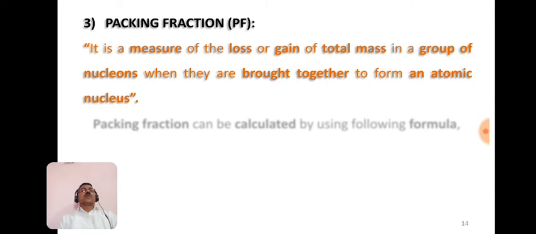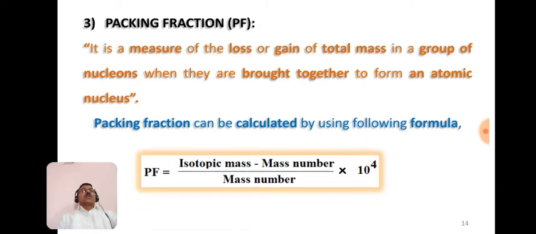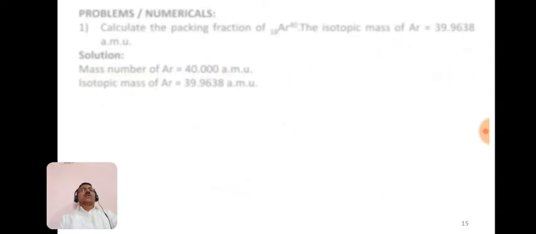It can be calculated using the formula: packing fraction is equal to isotopic mass minus mass number, upon mass number, into 10 raised to 4. This is the formula used to calculate the packing fraction.